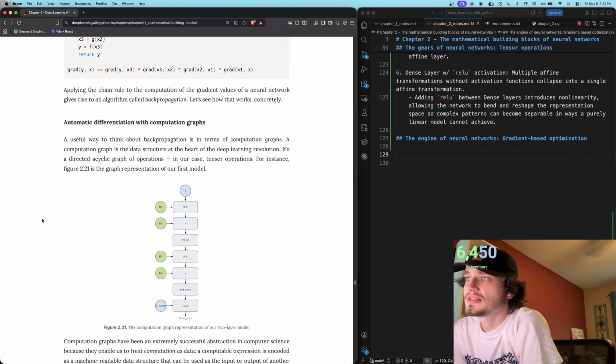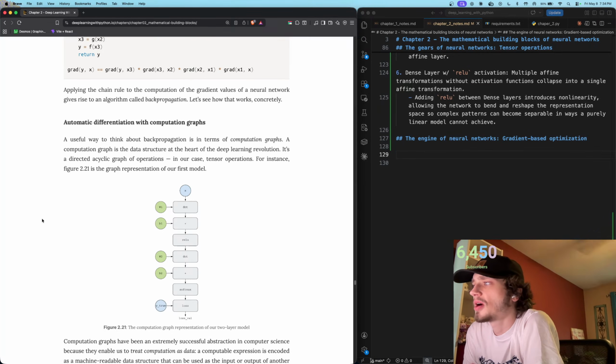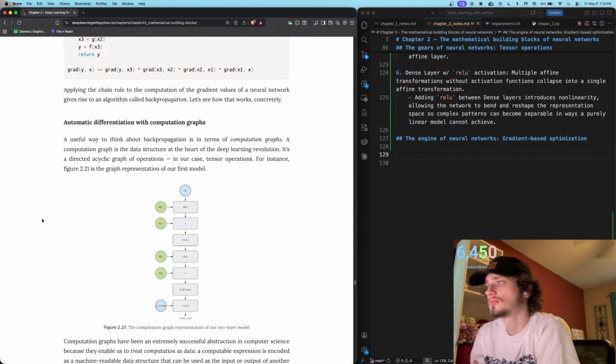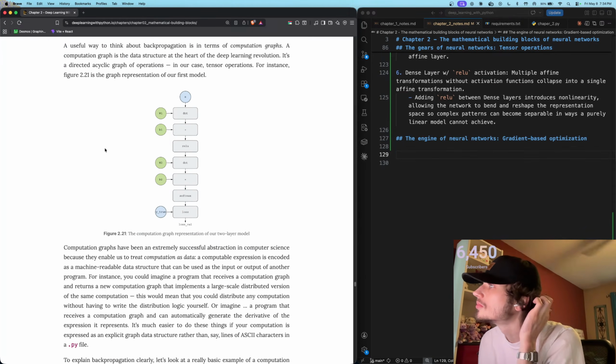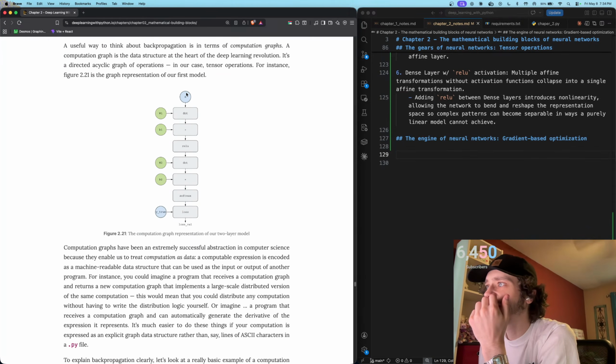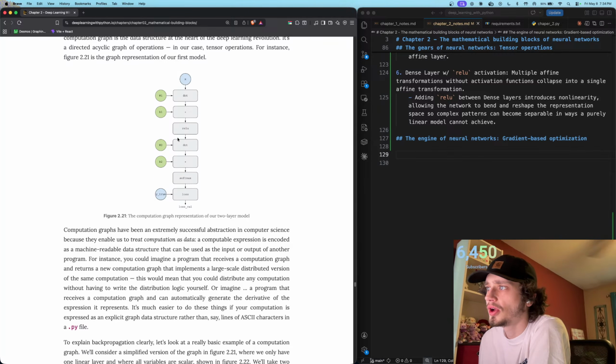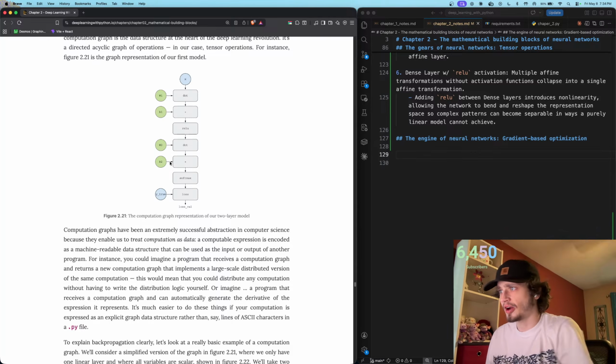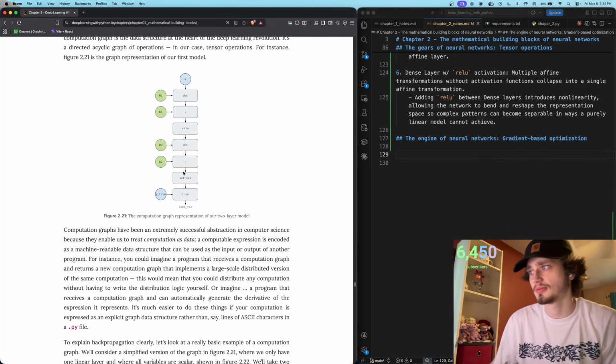In our case, tensor operations. For instance, figure 2.21 is the graph representation of our first model, where we have the input, we compute the dot product with our weight 1 and add our bias, we compute a ReLU, and we go on to our second dense layer, where we compute the dot product of that result with weight 2 and add our bias, and we compute a softmax.